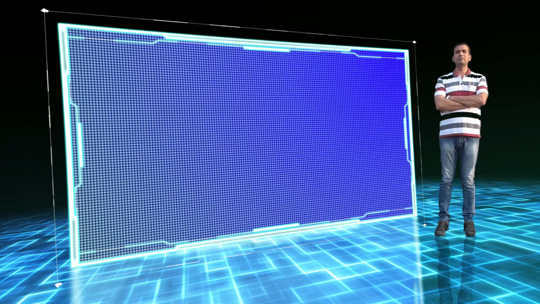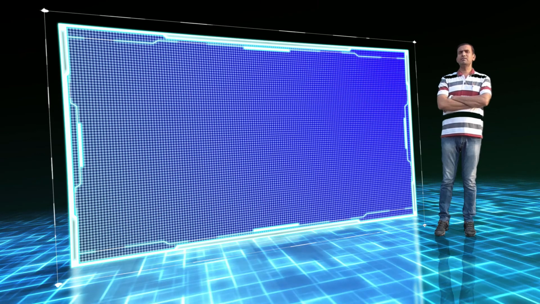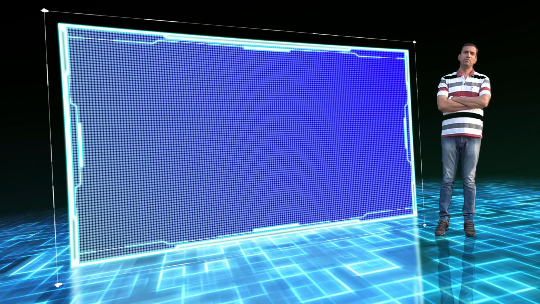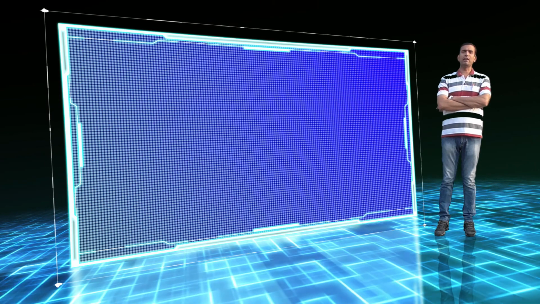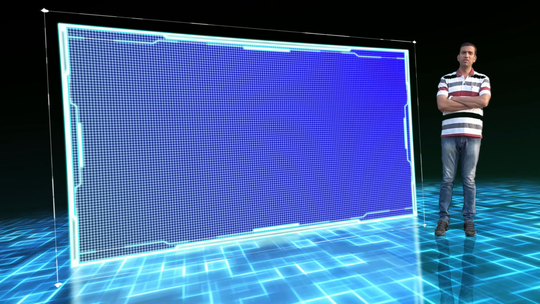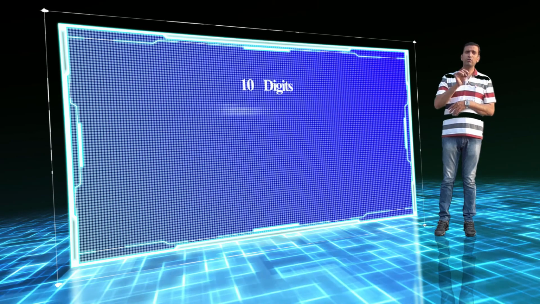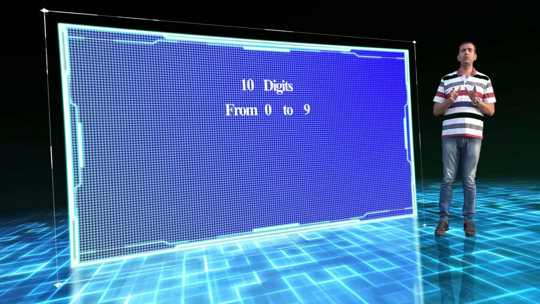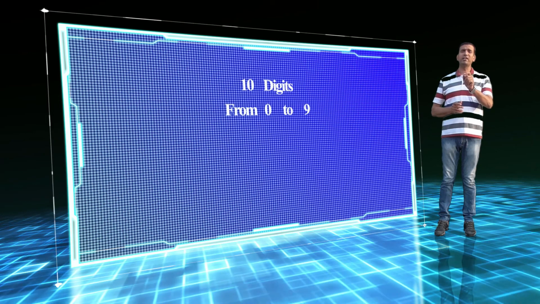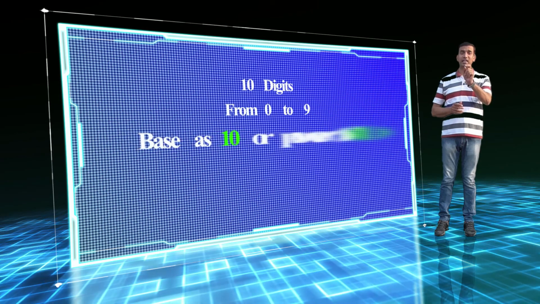So let us come to the square concept. The concept is about the way of calculation: our calculation is a decimal system, meaning we are using 10 digits, from 0 to 9. As we have 10 digits, we should take the base as 10 every time.